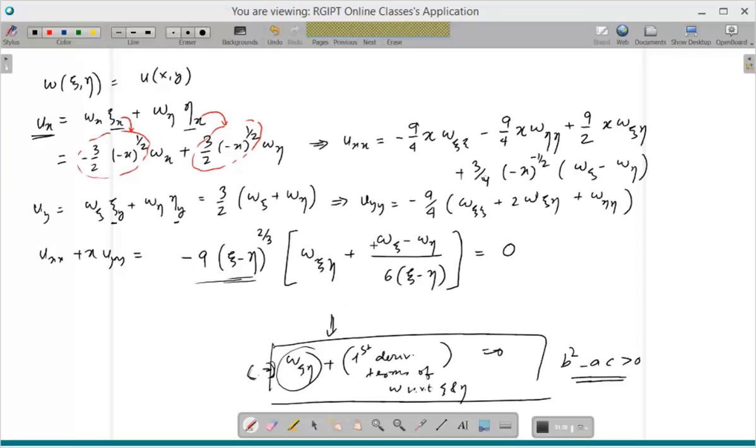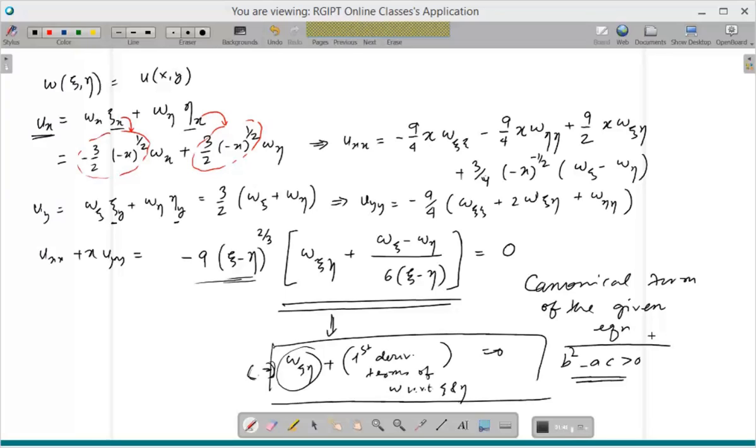So essentially this will be the canonical form of the given equation. First you find out the sign of b square minus ac.